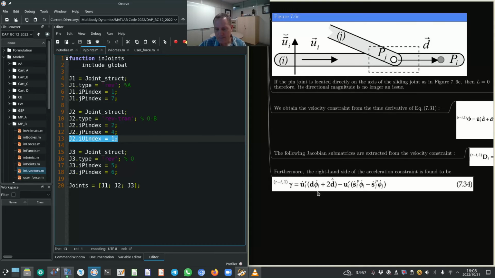Okay, and if we have, as I said before, the coordinates of point PI and PJ, we've got D. Phi I dot is once again calculated by DAP, the angular velocity of body I. And here we've got 2 times the time derivative of D rotated. Now once again, if you have D, this D rotated is calculated by DAP. So there's no problem there. UI, once again, is already specified here in our input file.